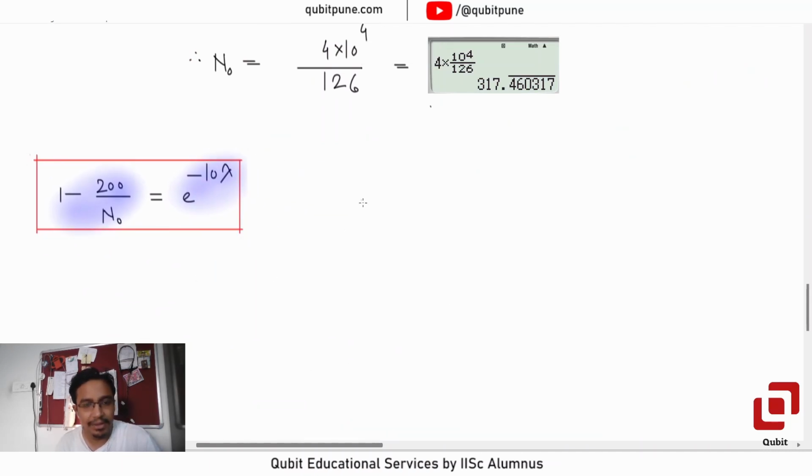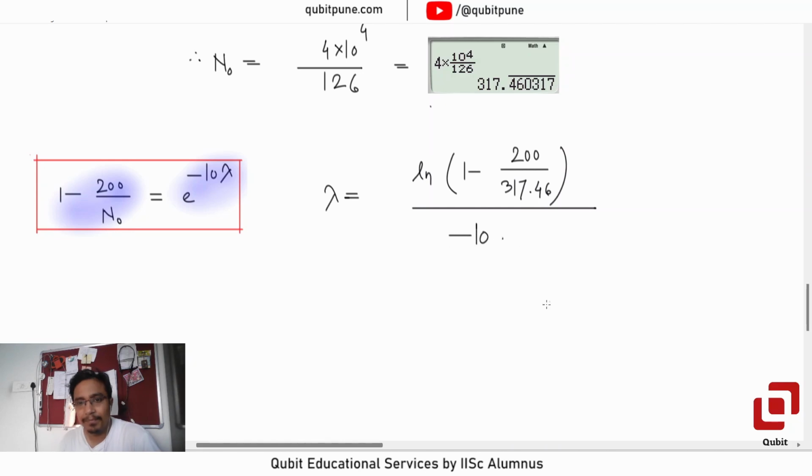So basically I need to find lambda now. If I take the log, then I will get ln 1 minus 200 upon n naught, which is 317.46, and I need to divide this by negative 10.